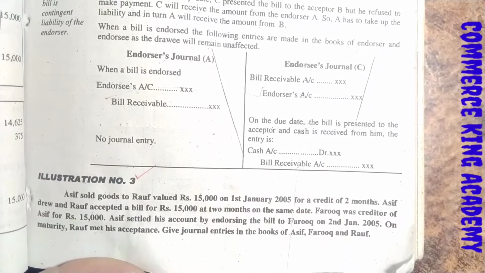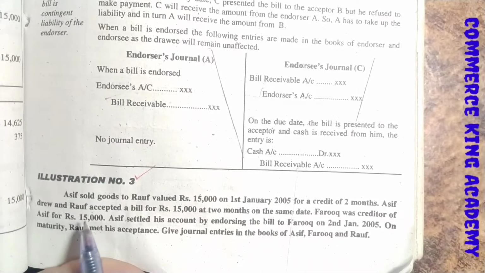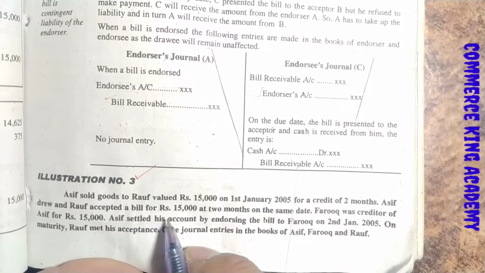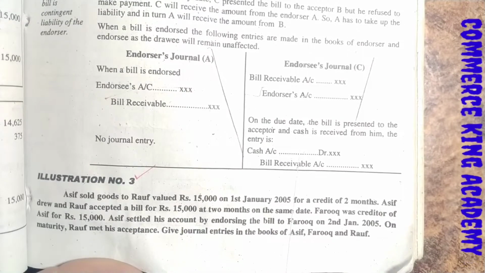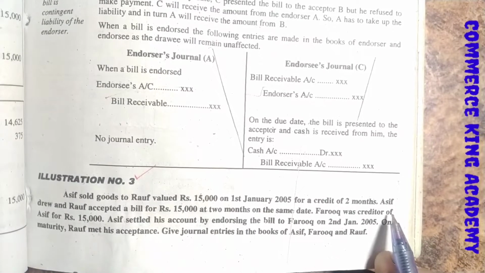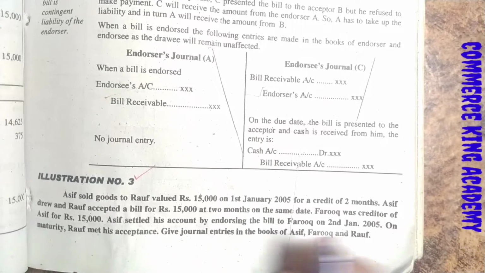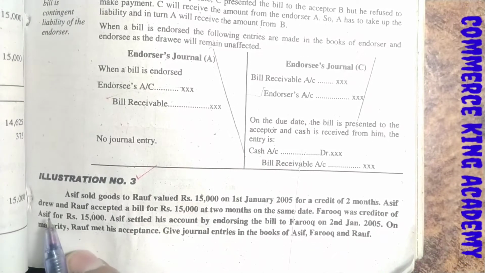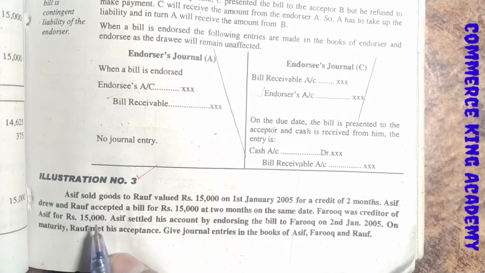What happened next? Mr. Asif drew and Rauf accepted a bill for rupees 15,000 at 2 months on the same date. In simple words, Mr. Asif, the supplier, manufacturer or seller of the goods, makes or writes a bill of exchange and immediately on the same date draws on Mr. Rauf.